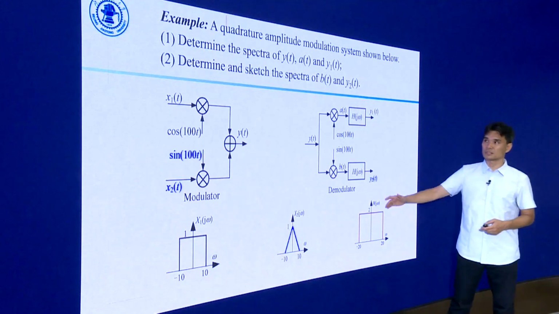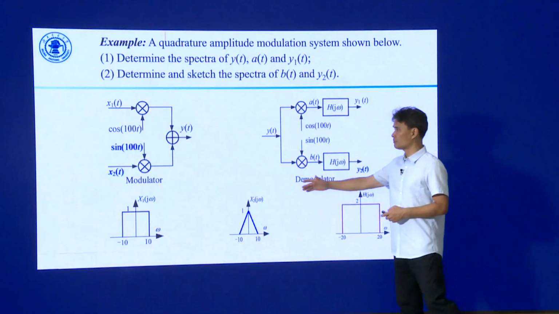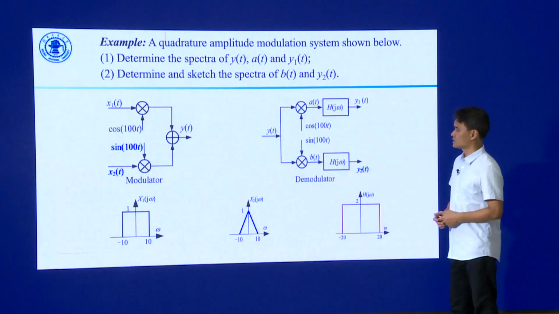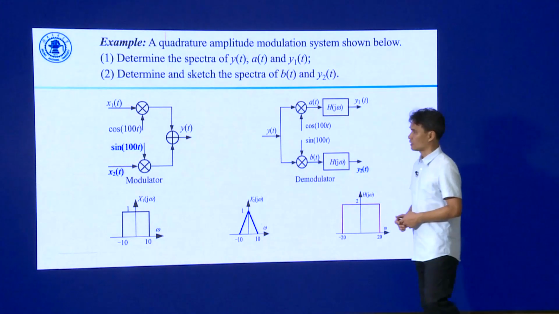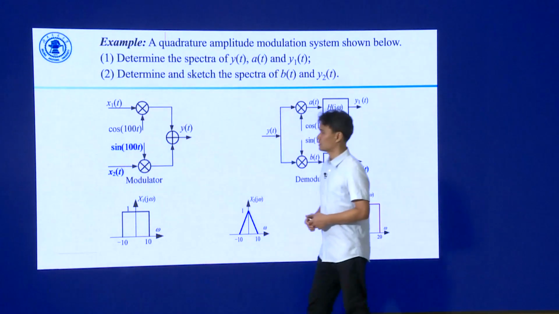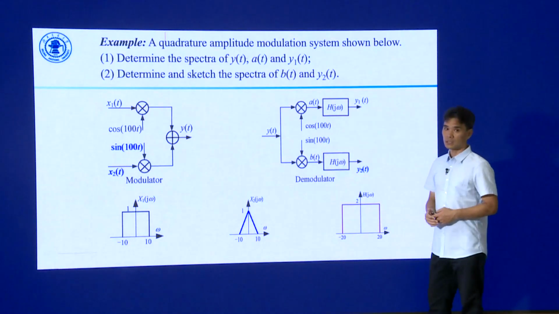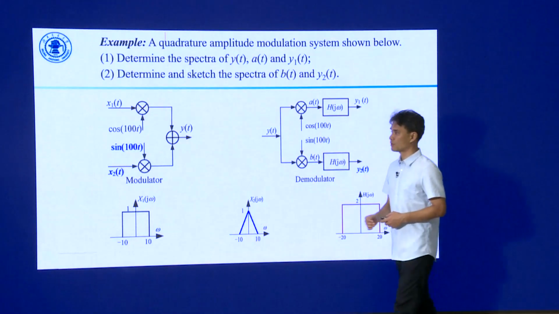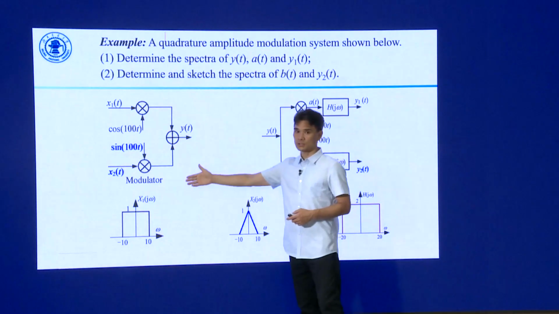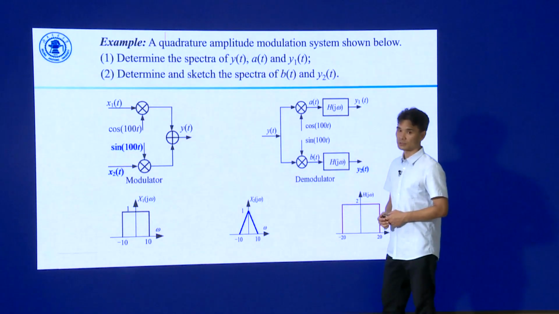Here is one example. We have a quadrature amplitude modulation system. It has two channels as the input and correspondingly two channels as the output. And this part is the modulation part, and this is the demodulation part.